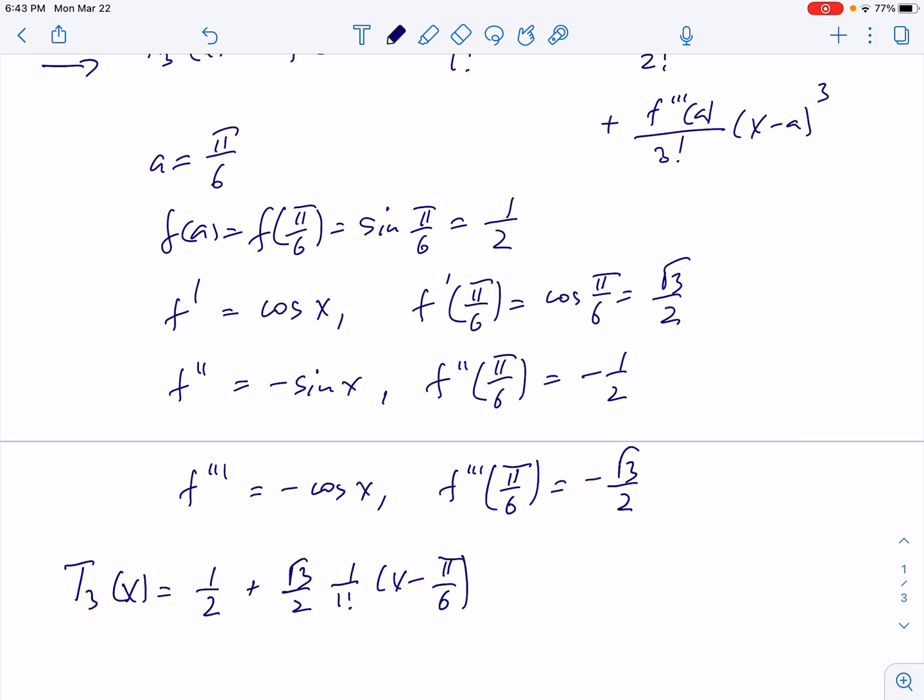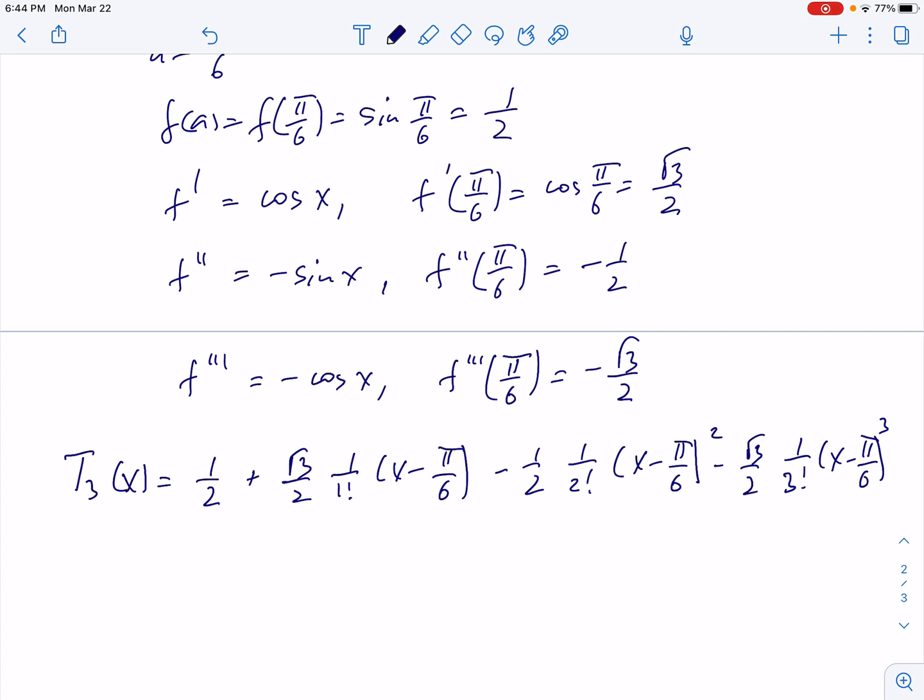I'm just writing 1 factorial to remind you the formula. Then we have the second derivative, minus 1/2, times 1 over 2 factorial and (x minus pi over 6) squared. Then also we have minus root of 3 over 2, the third derivative at pi over 6, times 1 over 3 factorial and (x minus pi over 6) cubed. And now we have to simplify this, of course.